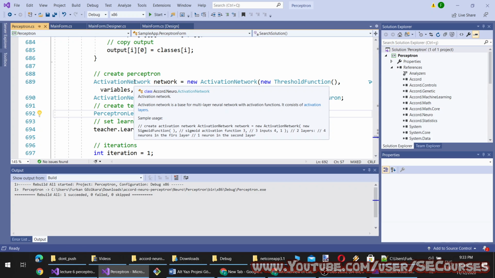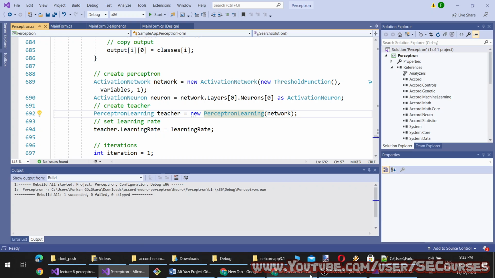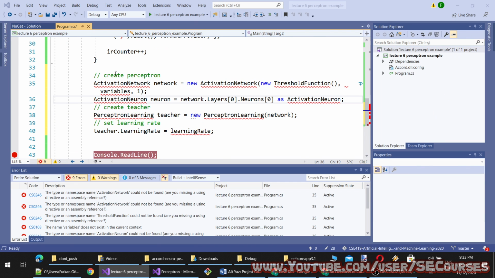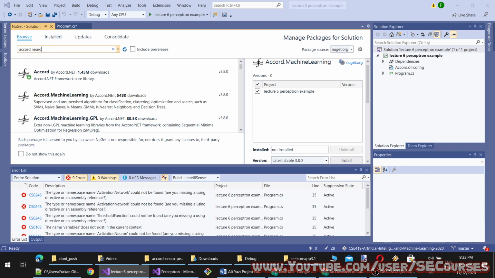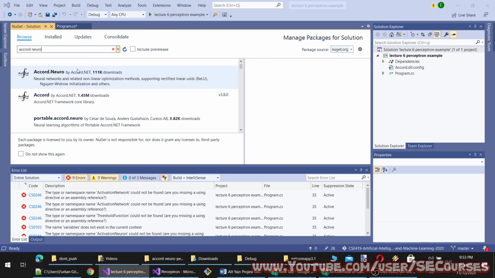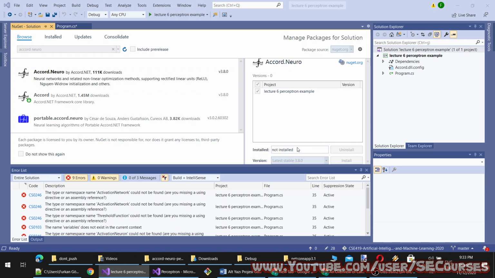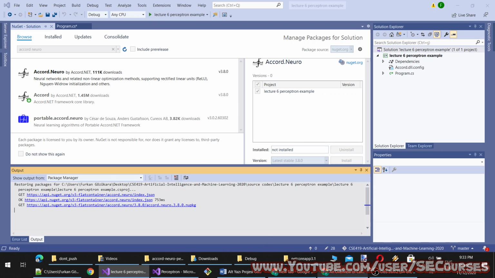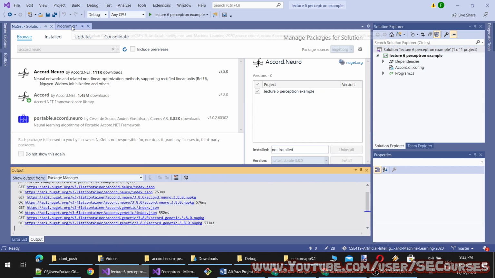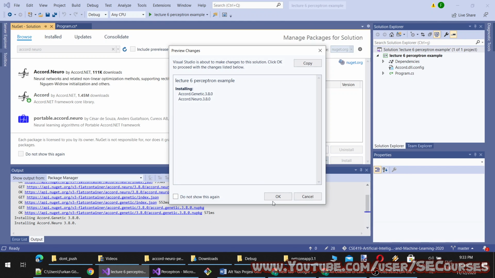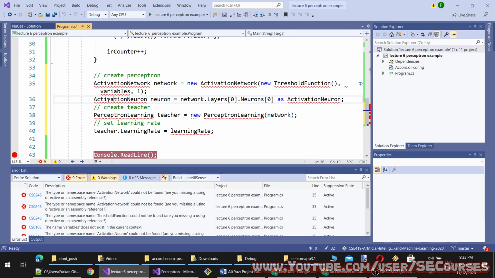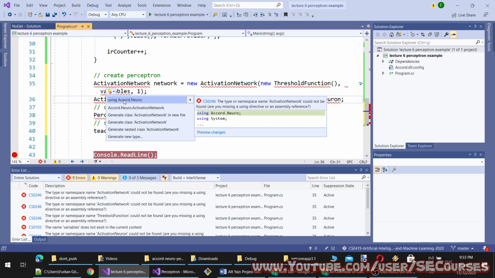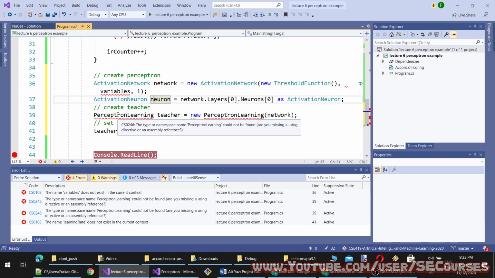So this is from the Accord.Neuro activation method. Okay, I need to install Neuro as well. All right, so okay, now it works. For this one, what do we need? Okay, this one.